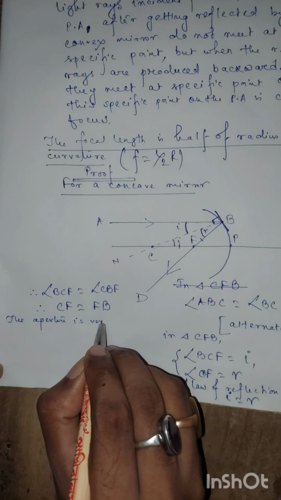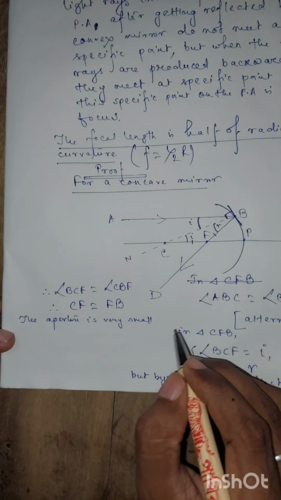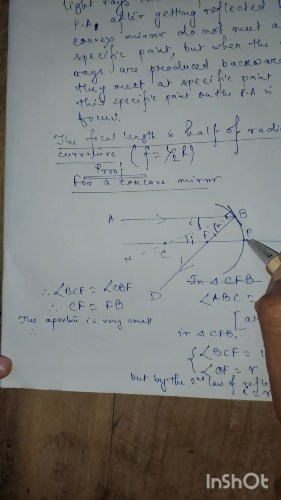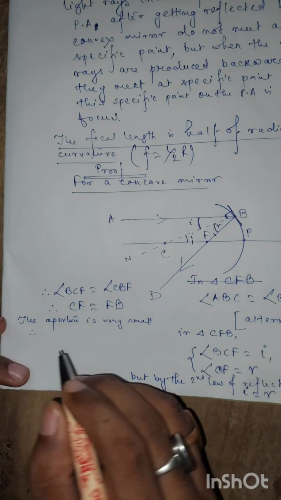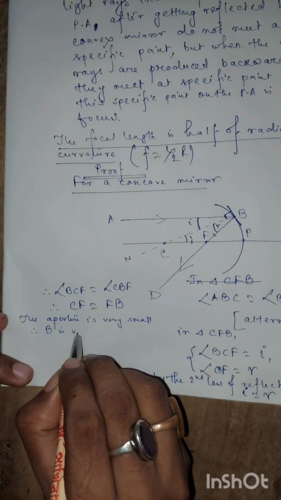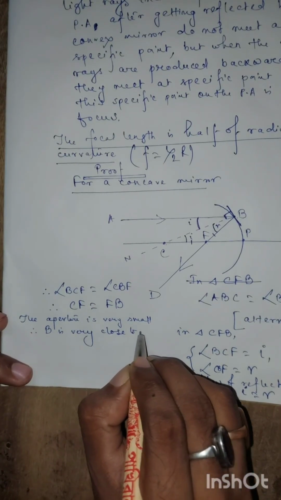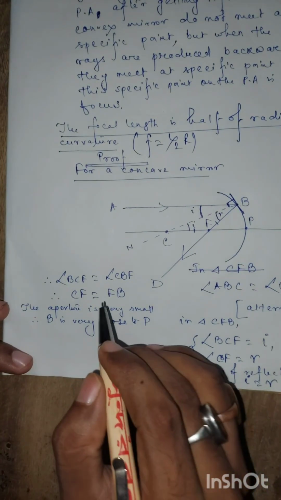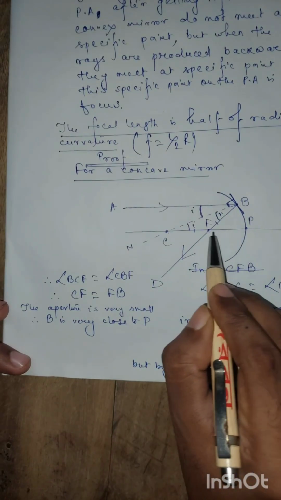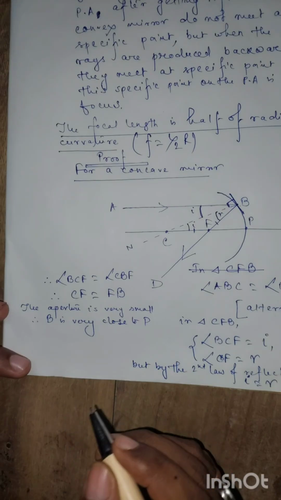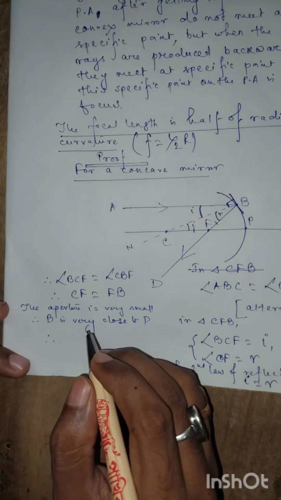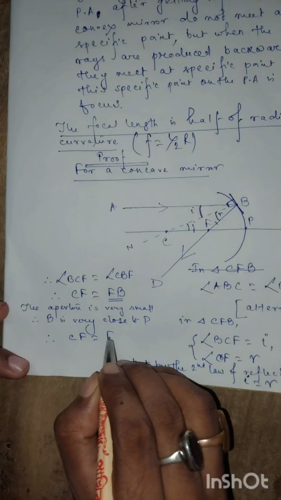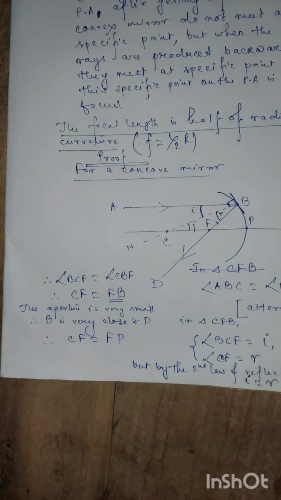Therefore, B is very close to the point P. That means in place of FB, we can write FP, as these two points are very close.